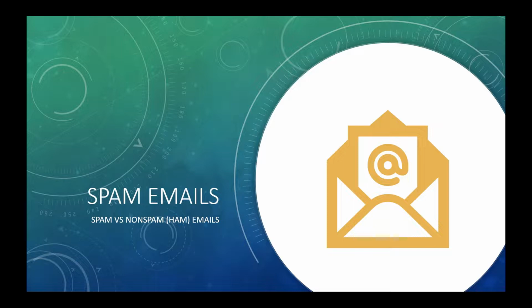So we need to build a program that is able to flag each email, whether it's spam or ham, like when you open your email inbox and you see different categories. You have ham, which is the emails you will normally check.